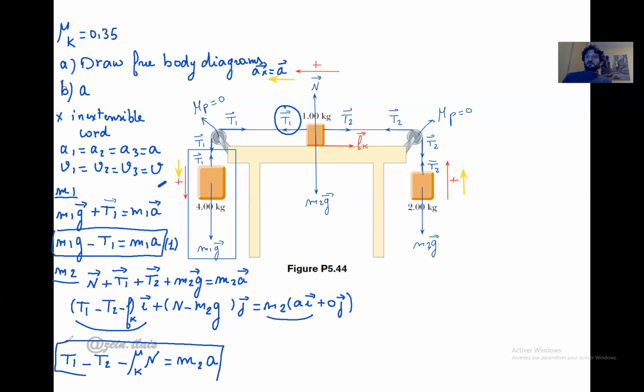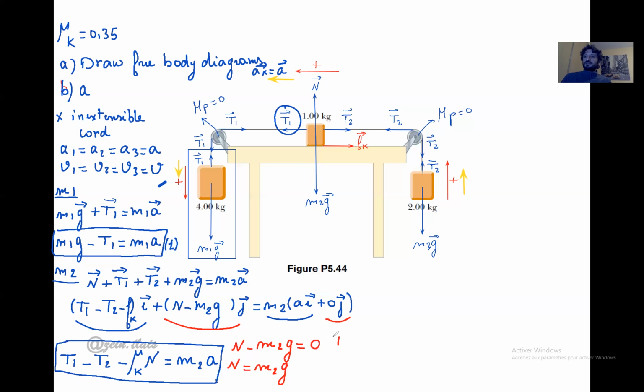Now it's better to calculate N. You have to calculate N by the projection along y. So N minus M2g equals 0. So N equals M2g. We can write the final equation.